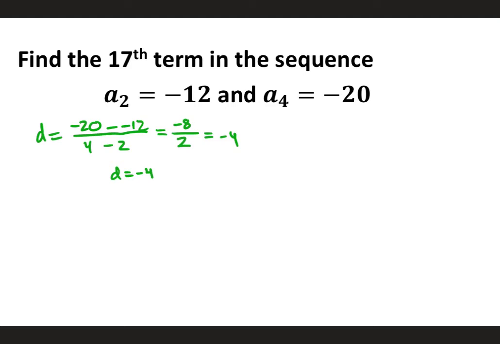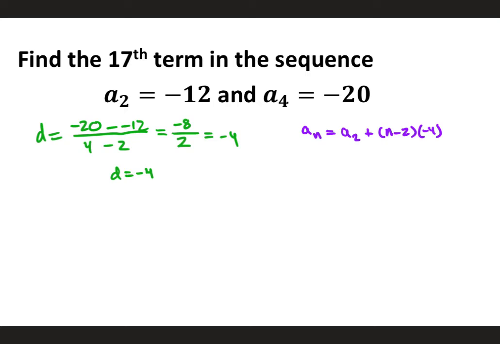All right, that's awesome. Now, I get to pick and choose. I'm only going to do one of them this time because I don't need to do extra work. But if you did the other one, you should end up with the same answer. So I'm going to say a sub n equals a sub 2 plus n minus 2 times my difference, which is negative 4. Okay, now I'm going to change that a sub 2 into what it is over here, which is negative 12.